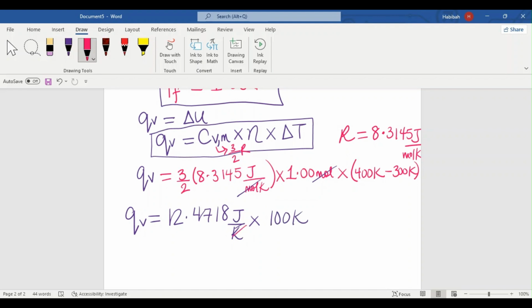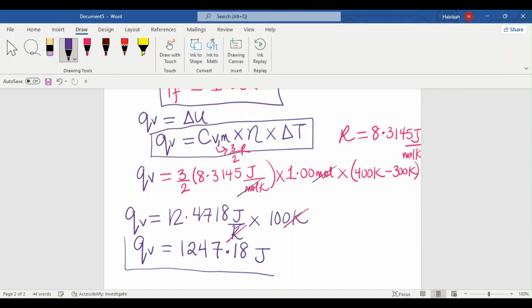So you cancel out the Kelvins and you see that 12.47175 times 100 equals 1247.18 joules. So this is basically the answer that we are getting.